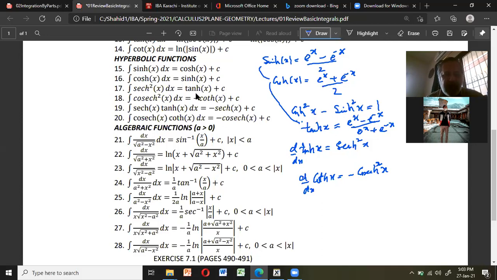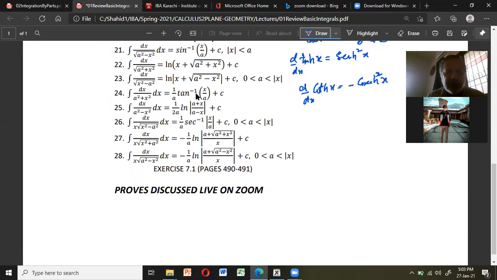So these hyperbolic function derivatives and antiderivatives are also fundamental to our understanding of whatever we have to do this semester.